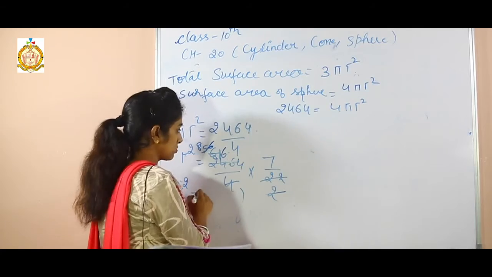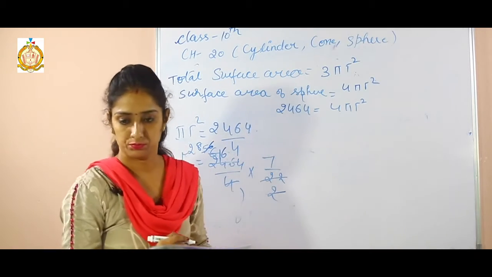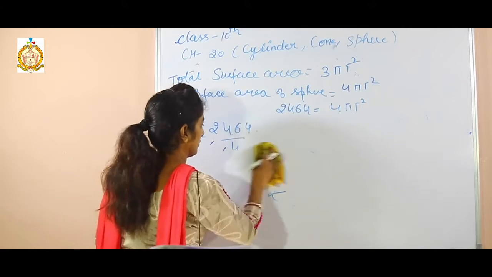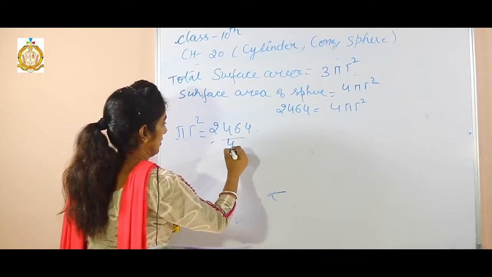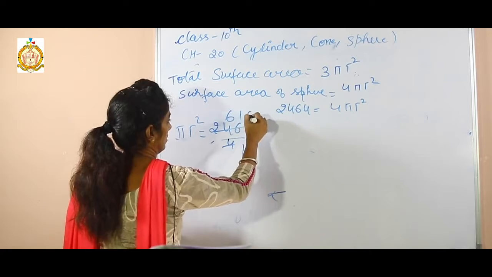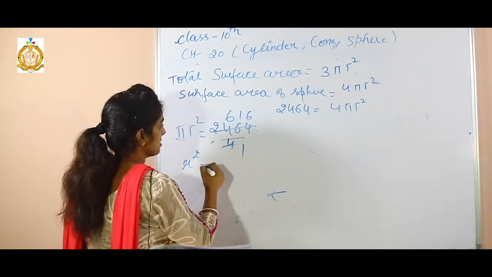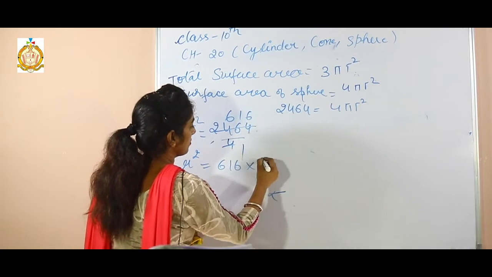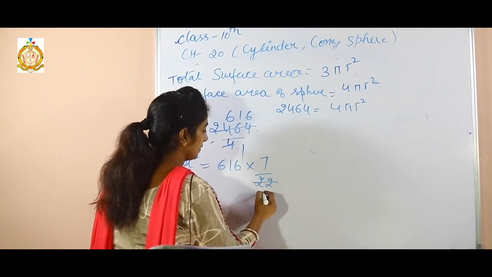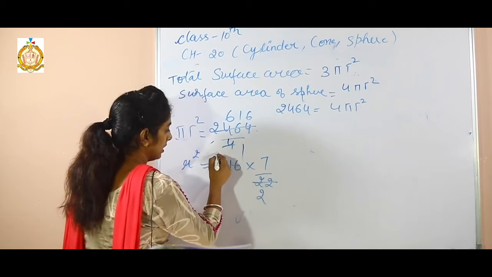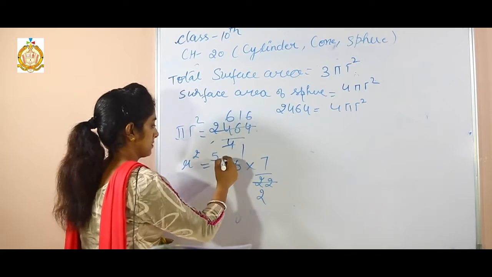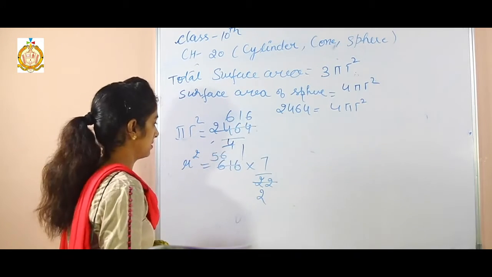Now r square is what? See students, 4 ones are 4. Now r square is 616 multiplied by 7 by 22. Now 11 ones are 11, 11 twos are 22, 11 fives are 55, 11 sixes are 66.